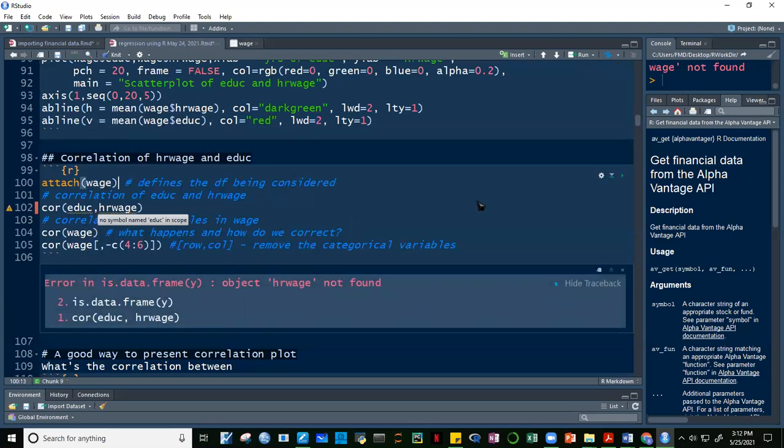It is efficient in a sense kung iisa lang yung data set na ginagamit natin, yung wage. Pero kung maraming data set tayong ginagamit, tapos pabalik-balik tayo dun sa ibang data sets, then it's not good to do that. Hindi maganda na i-attach pa yung wage. Gamitin lang natin yung usual, yung data set, then dollar, para alam natin kung saan nanggagaling yung variable na yon. Okay?